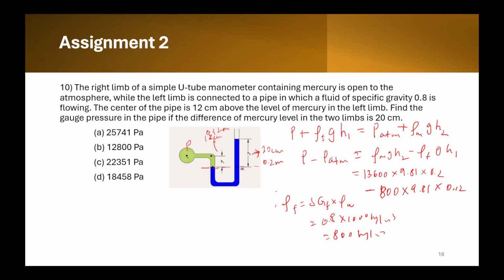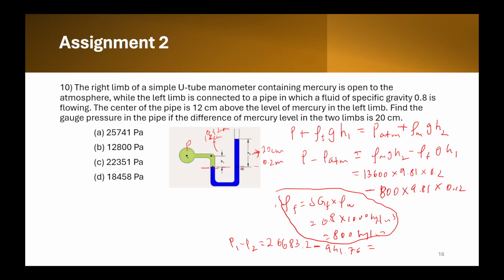So P1 minus P2, if we compute these values, 13,600 into 9.81 into 0.2, it will be 26683.2, subtracting 800 into 9.81 into 0.12, which will be 941.76.